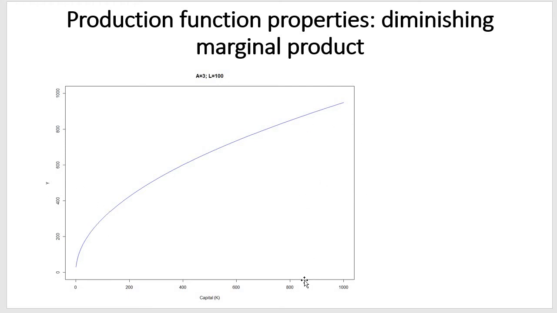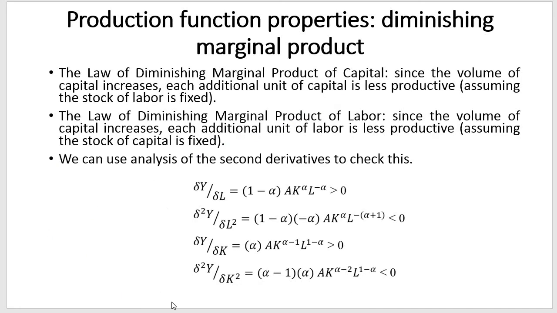However, when you increase the stock of capital, each additional unit of capital is less and less productive. So this function is increasing and concave, just in line with predictions made in the mathematical analysis.